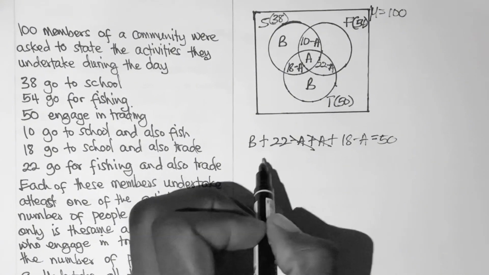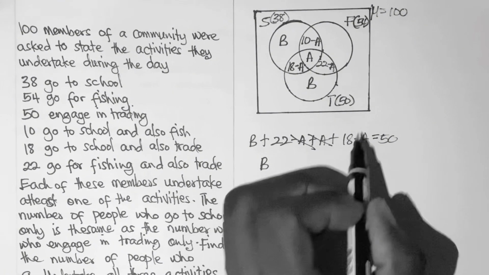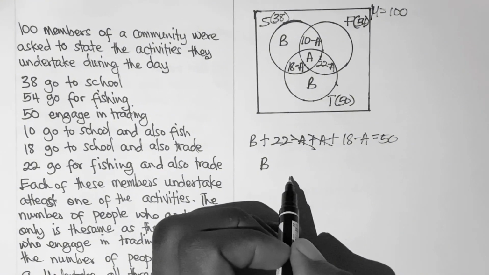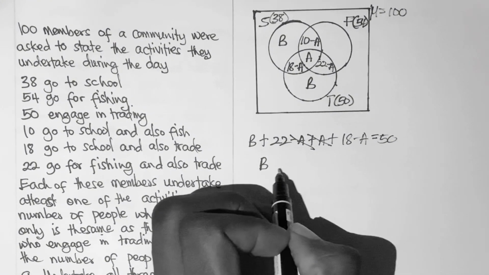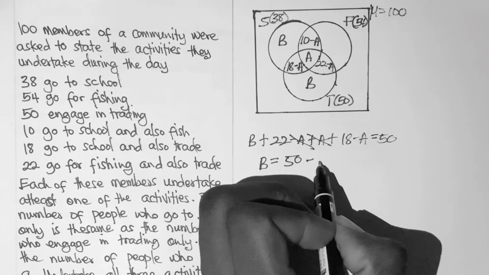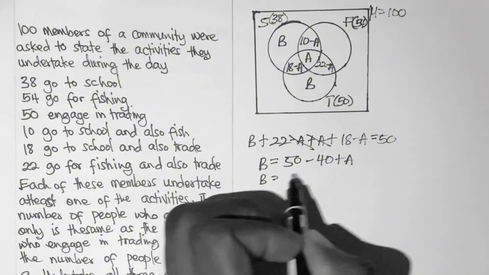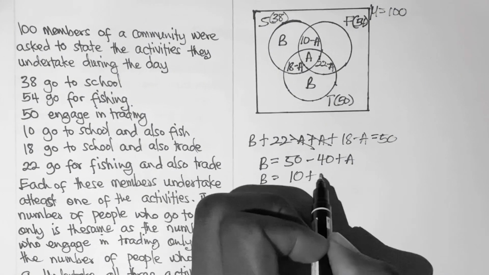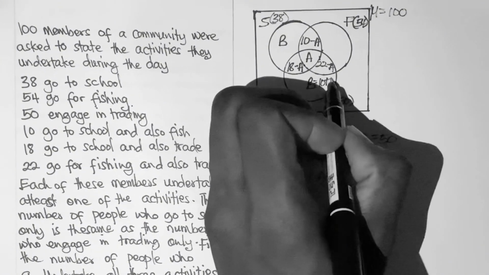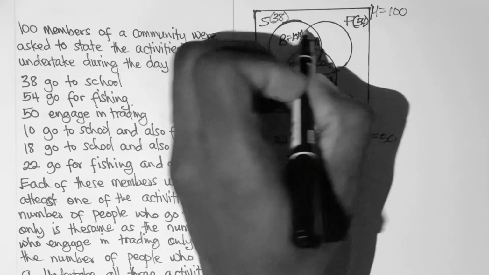So we are left with B, and then here is 22 plus 18. And that's going to give us 40. So B is equal to 50 minus 40 plus A. Therefore, B is equal to 50 minus 40 is 10, plus A. It means that this here is equal to 10 plus A. And then here is also equal to 10 plus A.